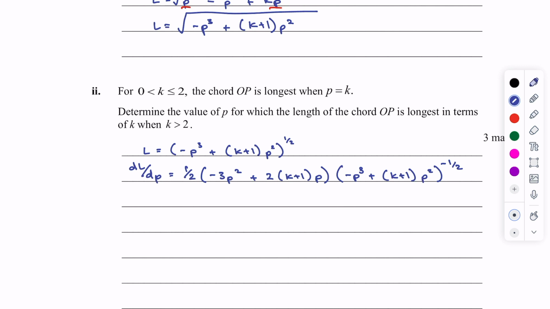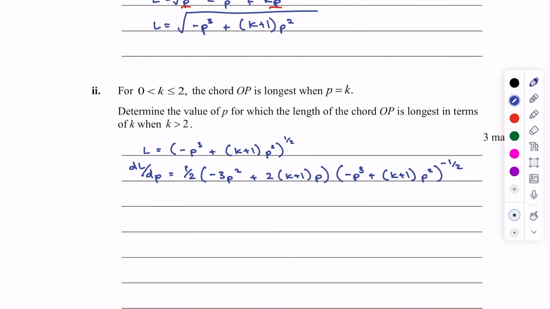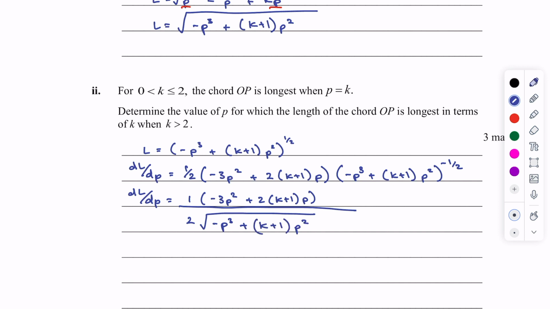In this kind of bracket scenario, you should be able to write it down in one line. So dL/dP is going to equal 1 on 2, times minus 3p squared plus 2 times k plus 1 times p, and then over the square root, that's coming from the negative a half there, of negative p cubed plus k plus 1 p squared. That's my expression for the derivative.